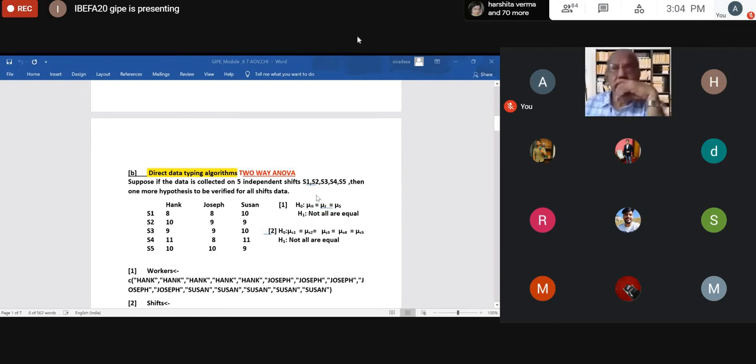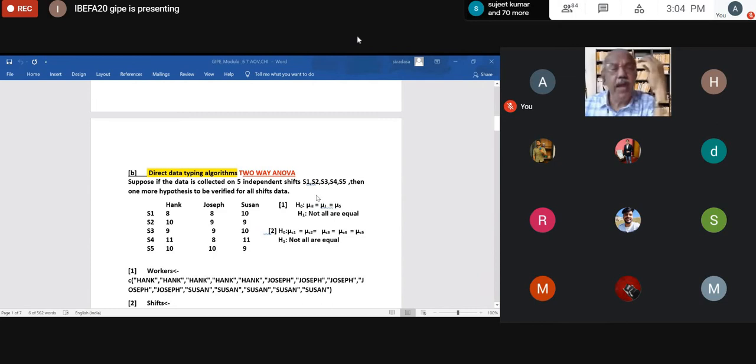So the data is coming from 5 different shifts. Not necessarily equal. Suppose Hank is for 5 shifts, Joseph may be for 6 shifts, Susan may be for 9 shifts. Then one-way ANOVA we can do.